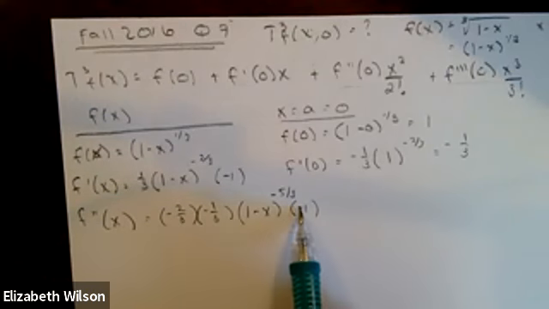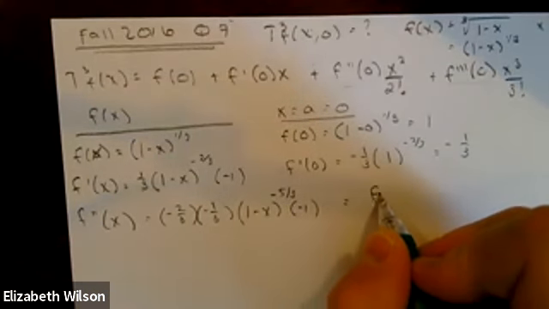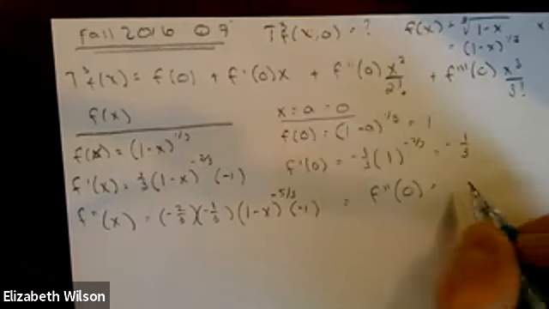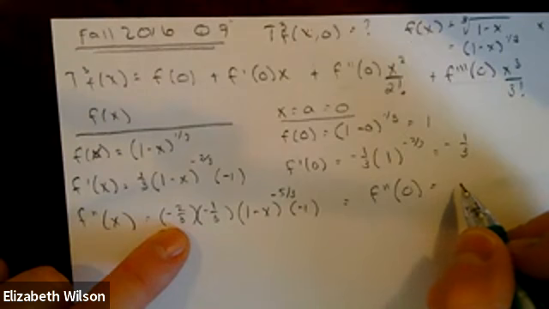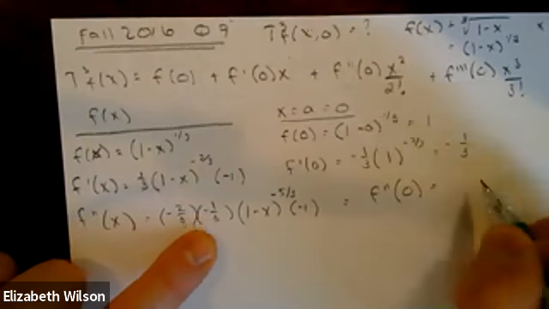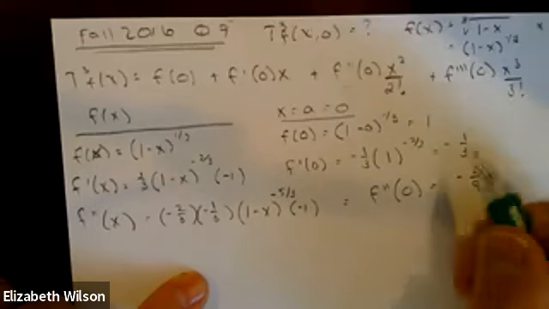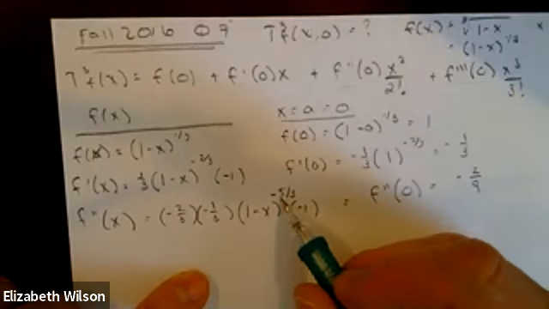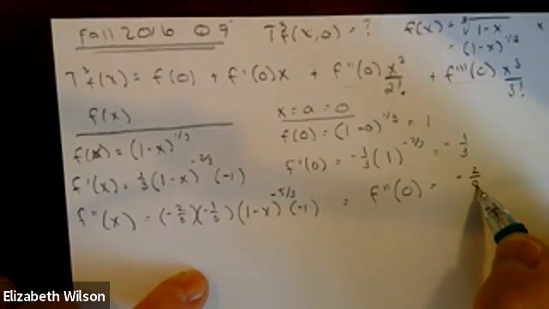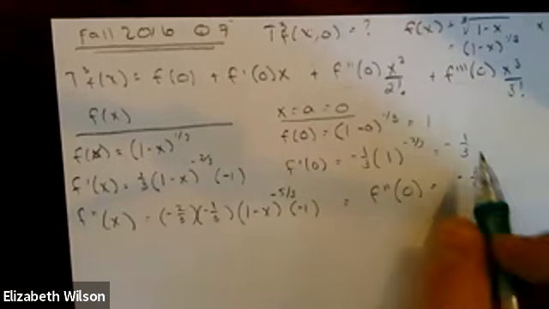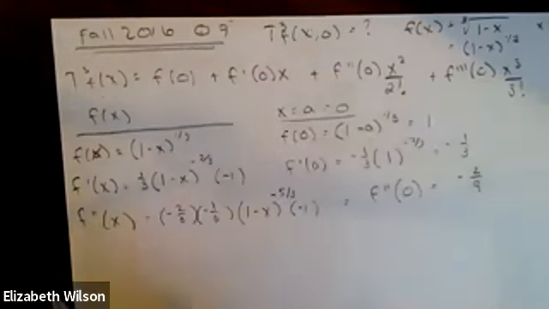Minus, minus, minus. Keep that in mind when you're calculating. I'm evaluating at x equals 0, so I'm going to get minus 2/3 times minus 1/3 times minus 1, which gives me minus 2/9, times 1 to the minus 5/3, which is just minus 2/9. So this coefficient is going to go in this portion of our polynomial.